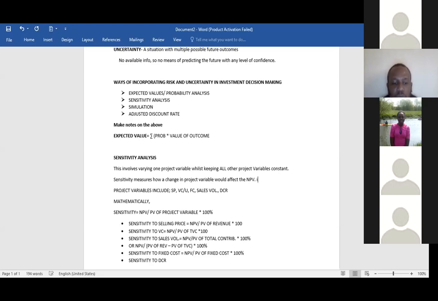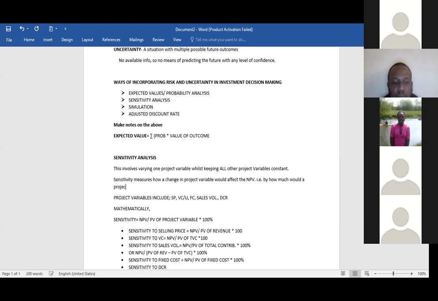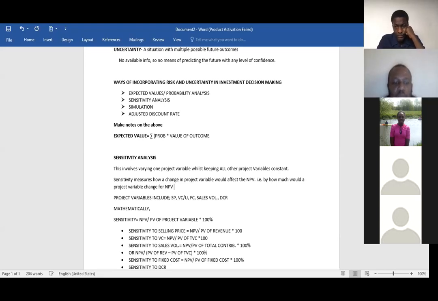So, in essence, by how much would a project variable change for NPV to become 0?